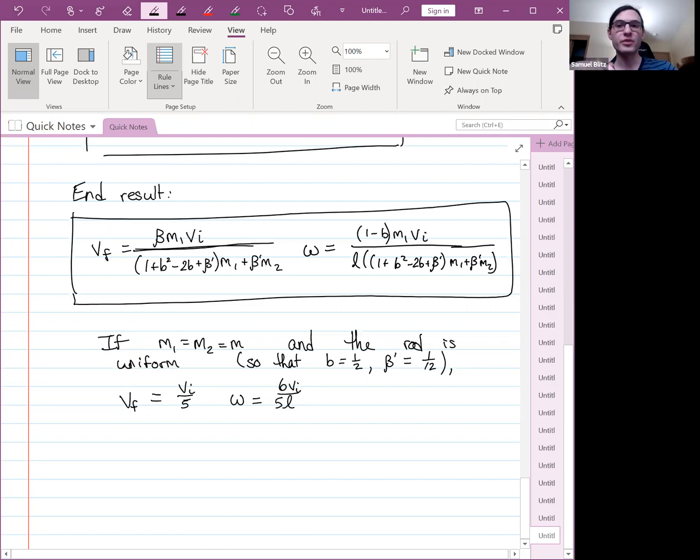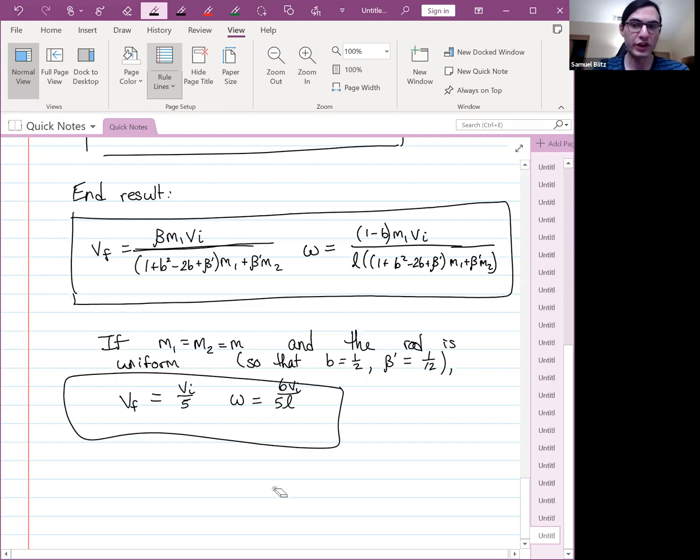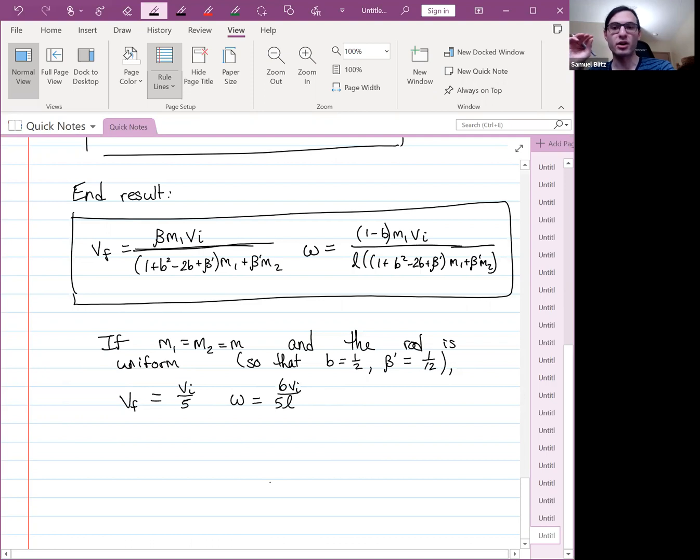So if you were given a bullet and a rod, both with the same mass, you fired the bullet at a uniformly dense rod, and you knew the initial speed of the bullet and the length of the rod, this is precisely the speed you would expect the center of mass of the rod to move at, and this is the rate at which it would be rotating.